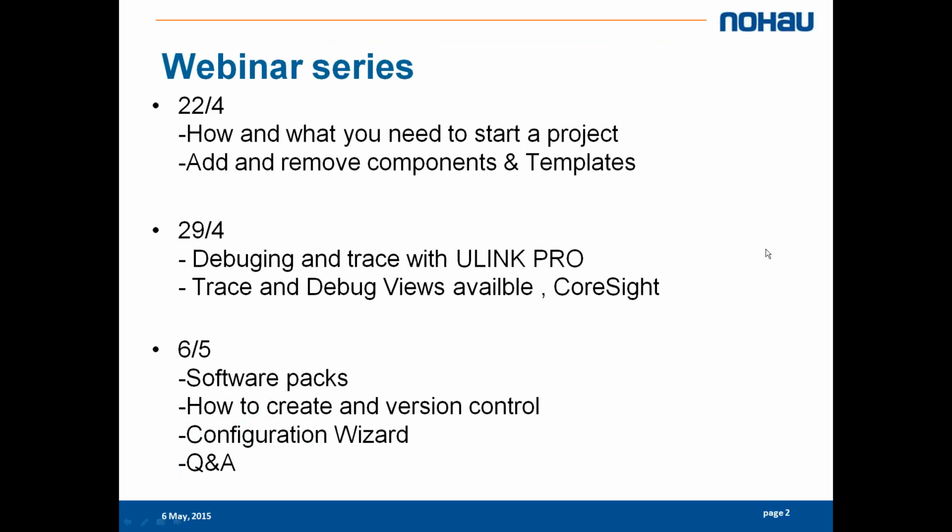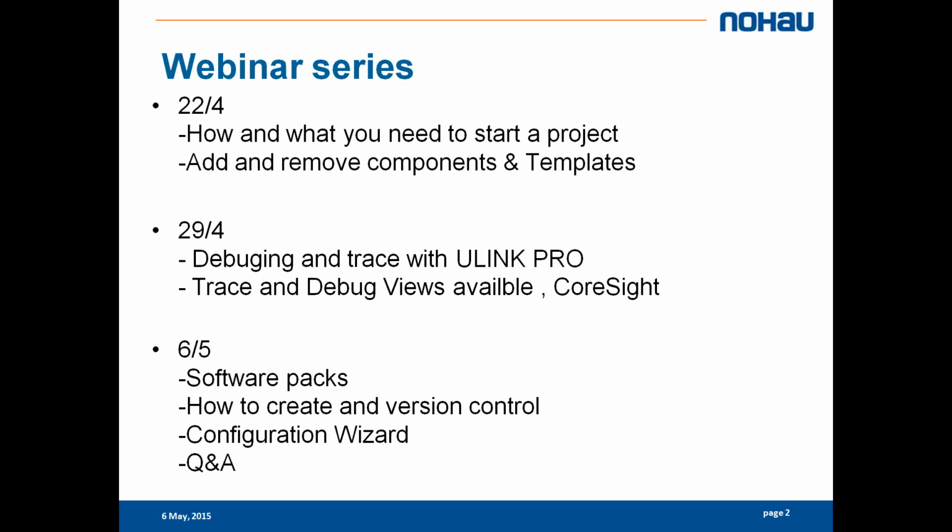Two weeks ago, in the first webinar, I talked to you about how and what you need to start a project, what software packs are available, and where you find them. I showed you how to add and remove components within the runtime environment, and what templates are available and where they come from.